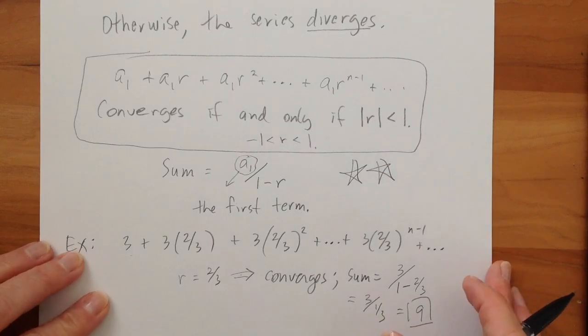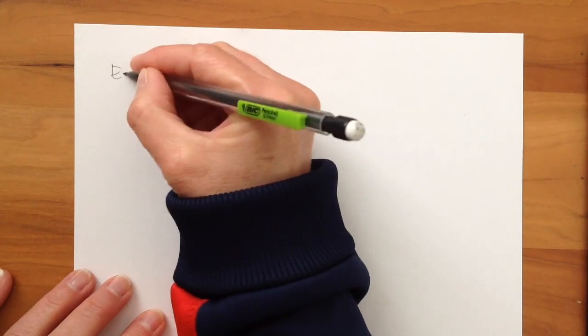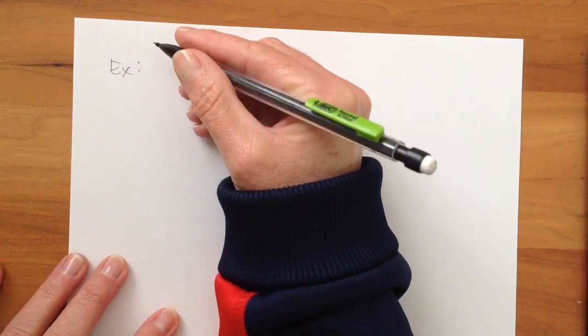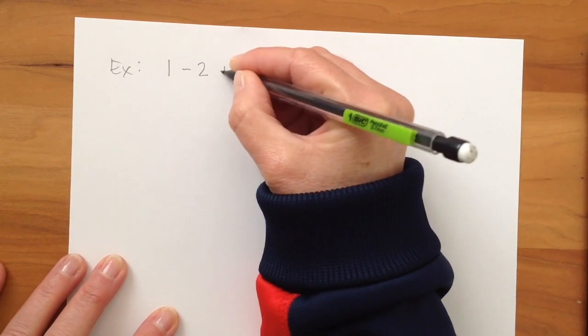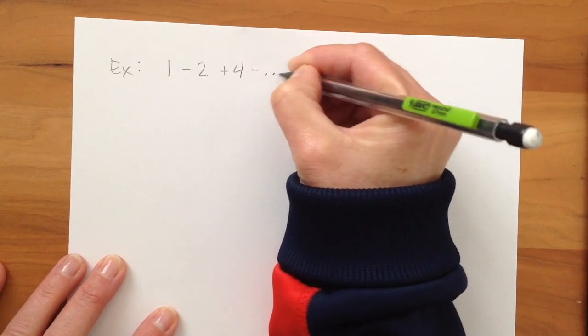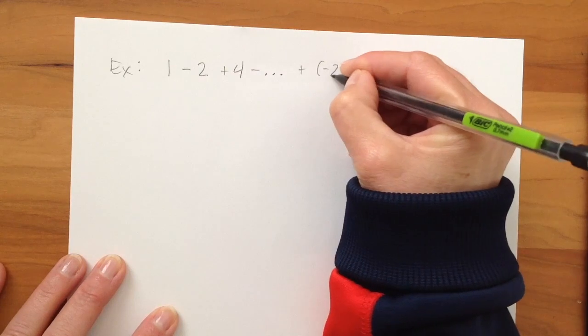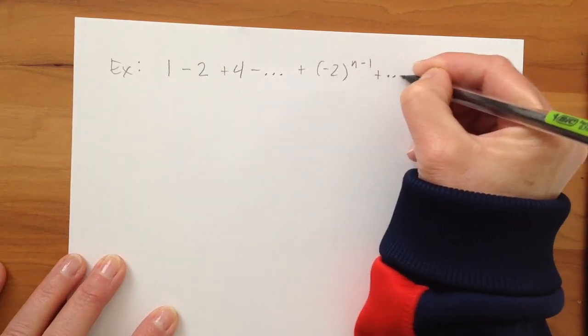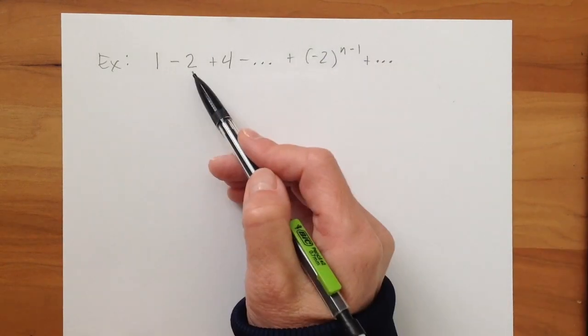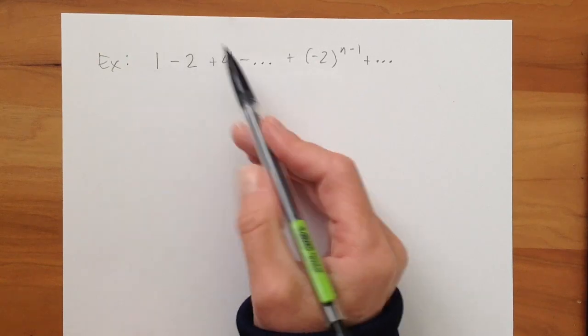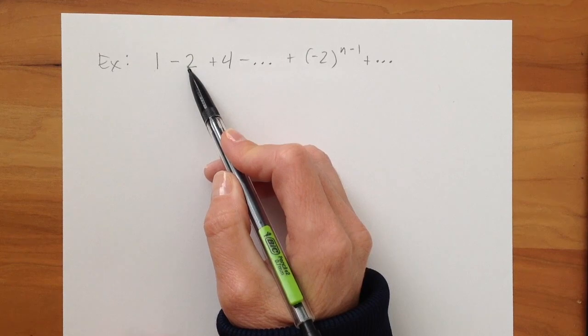All right, why don't you look at this one now? We can see here that -2 divided by 1 is -2, and 4 divided by -2 is -2.